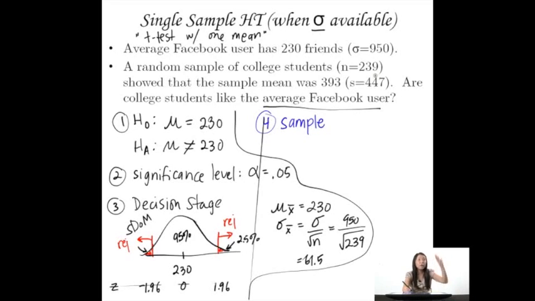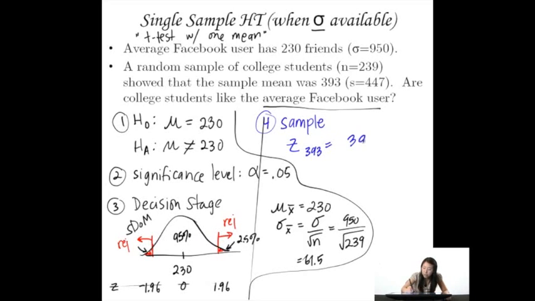We want to know how far away in terms of standard deviation, because only standard deviation will tell us what proportion of this curve is colored, right? Even if we find out the actual raw distance away, 163, we don't know where that is in relation to this curve, right? So it would be nice if we could find the z-score of 393, because then we'll know where it is in relation to this curve.